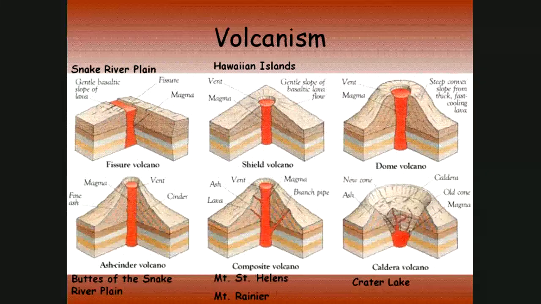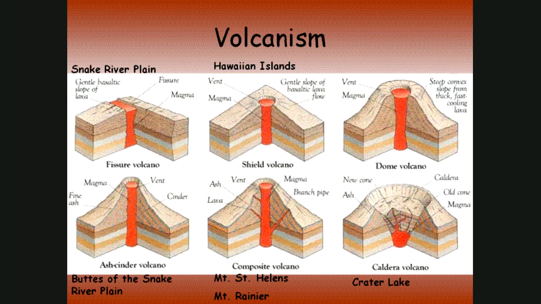Now, it may not be huge, but it's steep because it is usually more vertical than horizontal, and you get a lot of ash sliding down its sides. The buttes in Butte County, Idaho, and the cones over by Bend, Oregon, are all cinder cones.